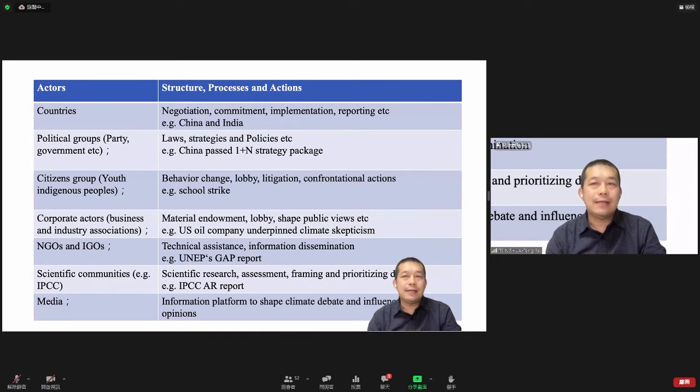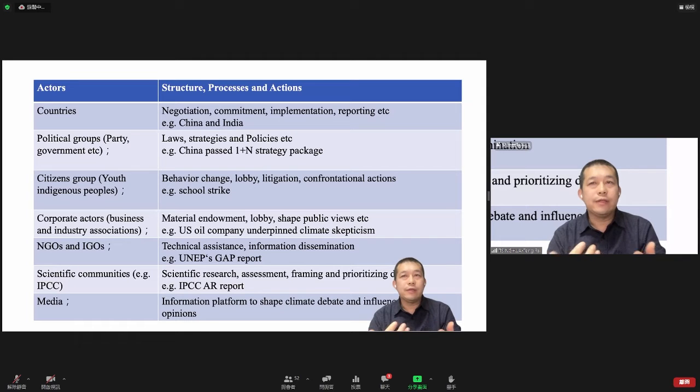And firstly, let's look at the actors. We need to understand who acts in this governance. And I list some actors in this table, which includes, for example, China and India we have talked about in the story. They are country actors.